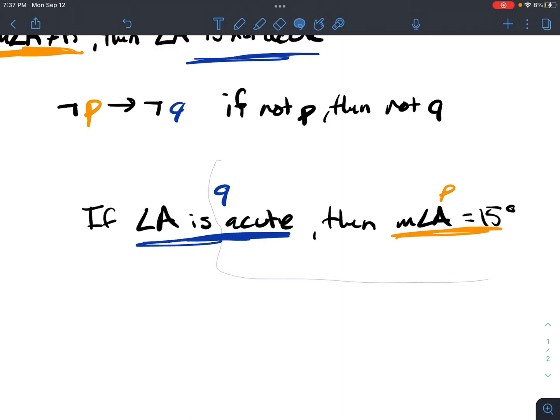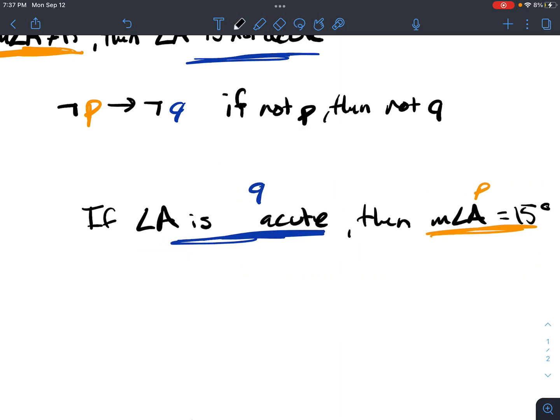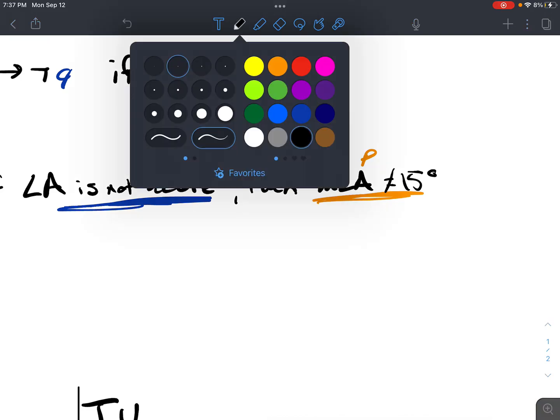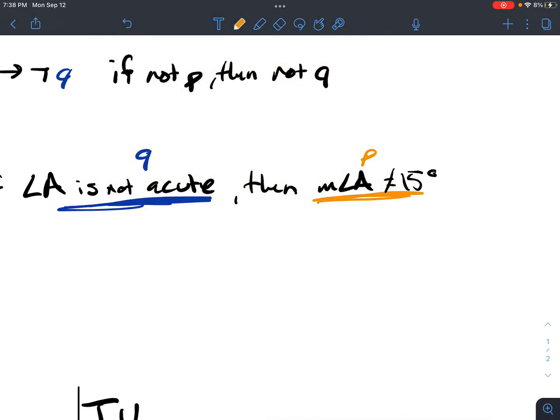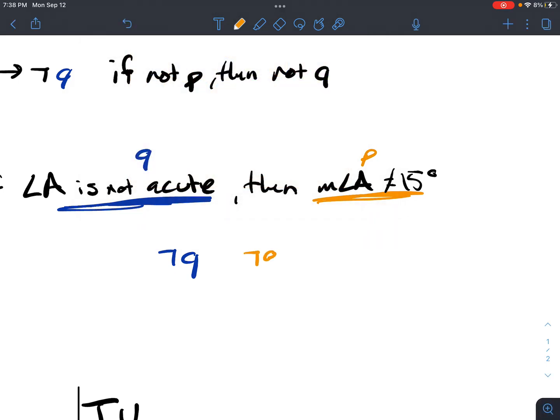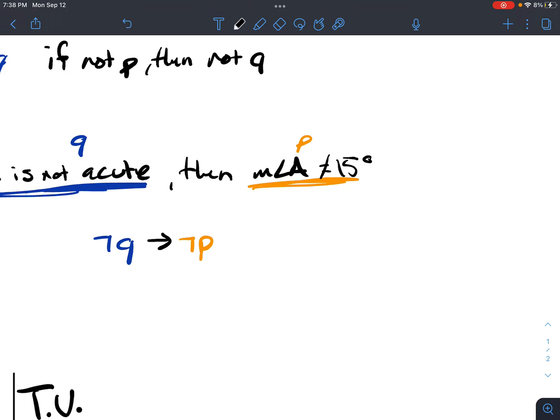So once again, if A is not acute, then our measure does not equal 15. So now we have not Q, not P. We have our implies, or the if then in the middle, the arrow. So we read this: if not Q, then not P.